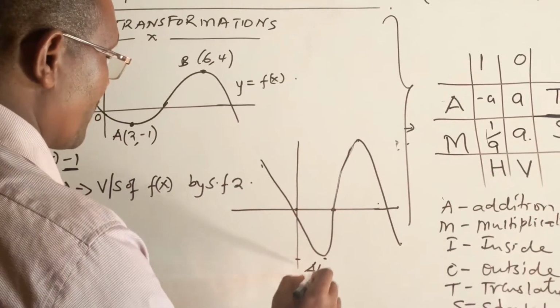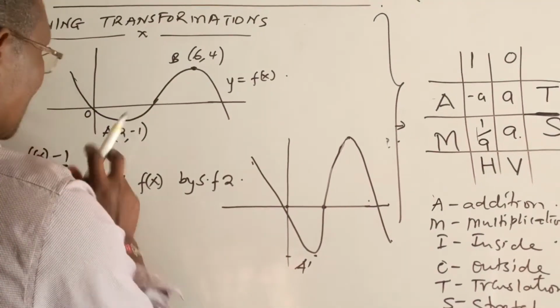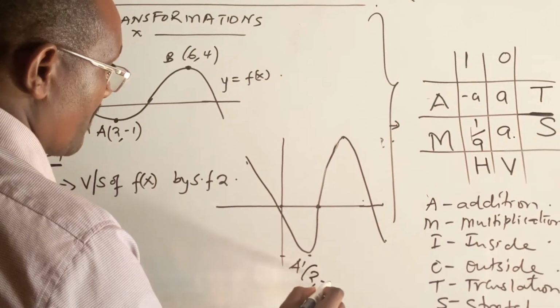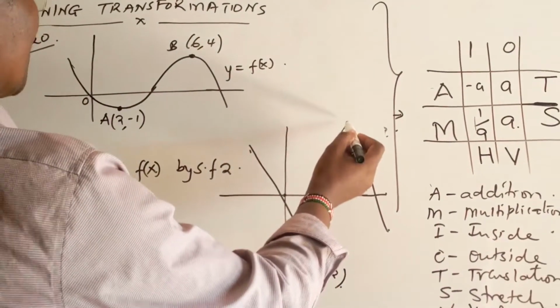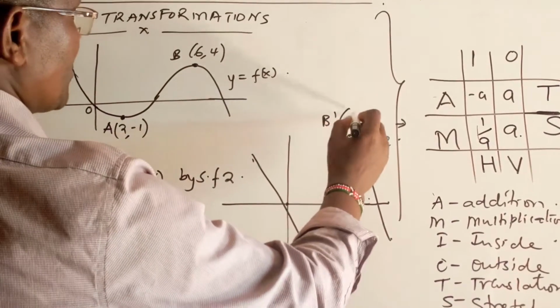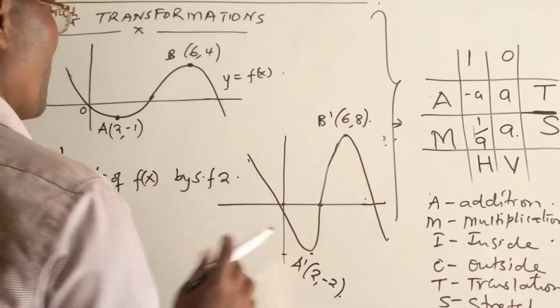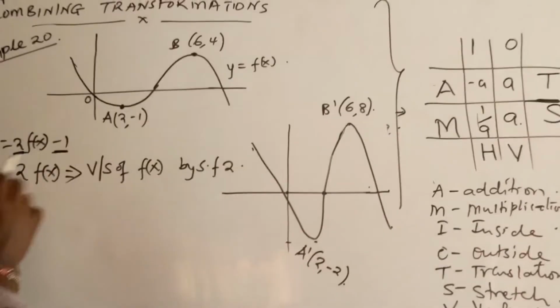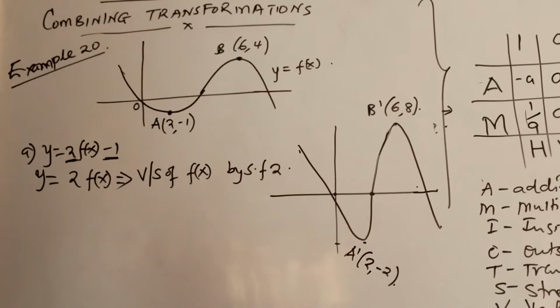This is A prime, x doesn't change, (2, -2). This one is B prime, x doesn't change, but y changes: (6, 8). That is only after the very first effect of transformation.